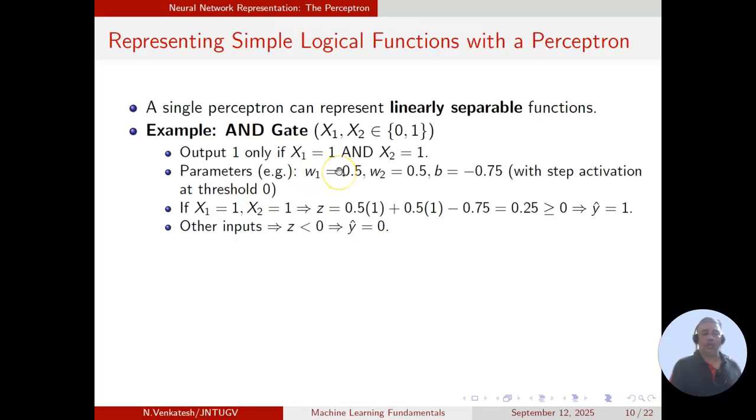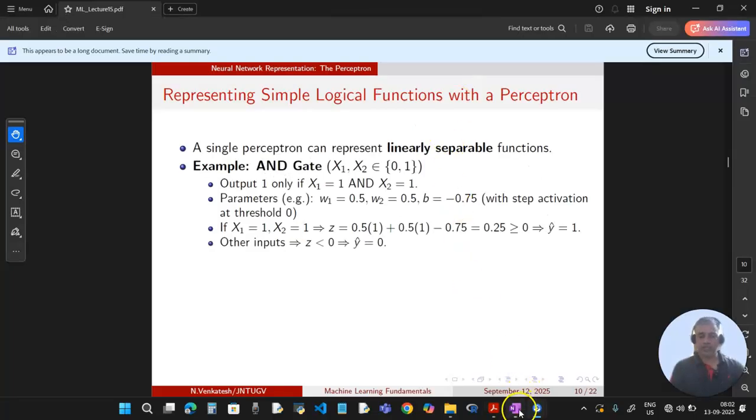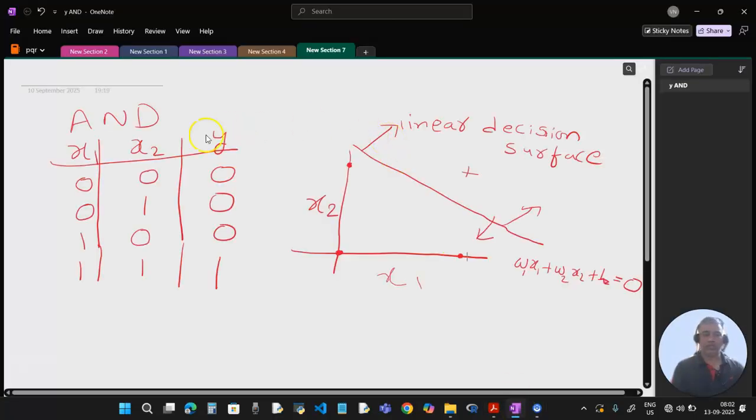Okay, so now let us try to understand how this can be used for classifying, with a simple example. Consider a Boolean function AND, a two-input Boolean function. Let us consider those inputs are x1 and x2 and the output is y.